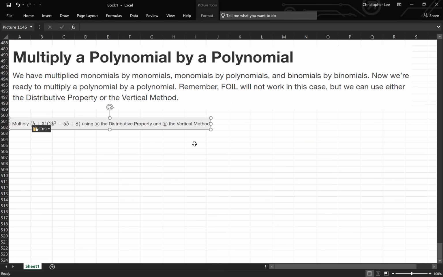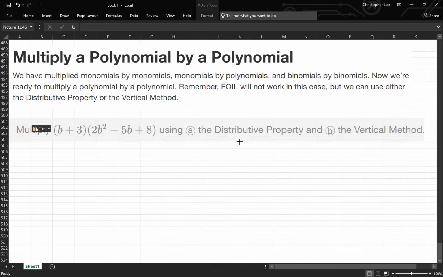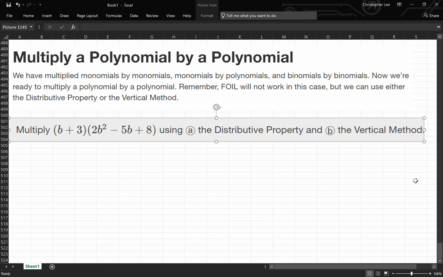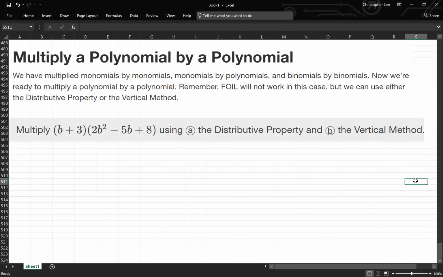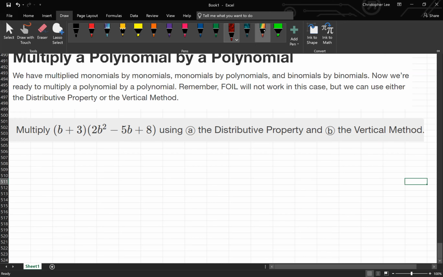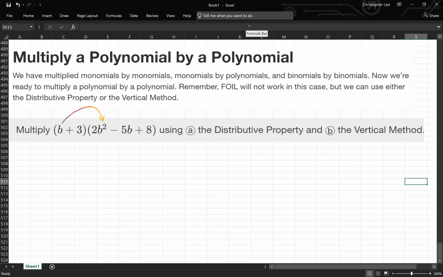I'm going to start off simple. So I have b plus 3 times 2b squared minus 5b plus 8. So that is a binomial times a trinomial, or a polynomial by a polynomial. It's the same method, the same thing we're going to do. Nothing's changing. So I'm going to have the b times 2b squared, right?